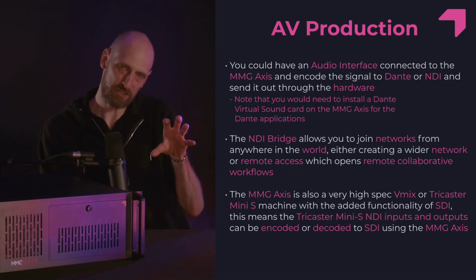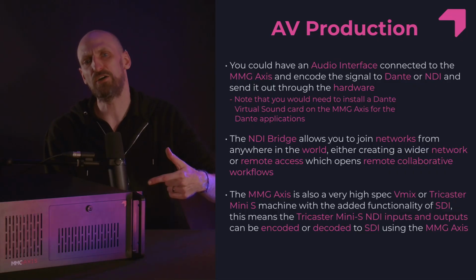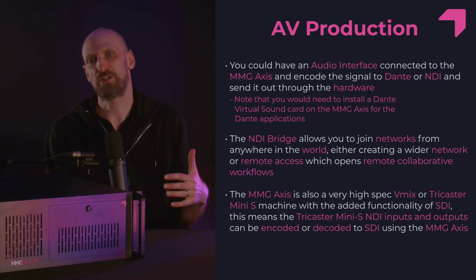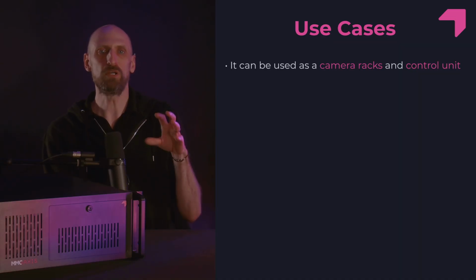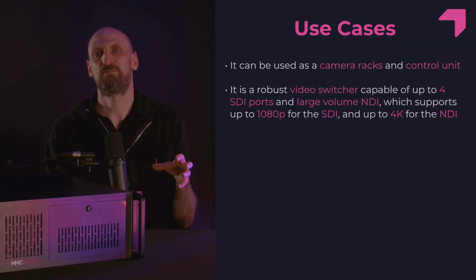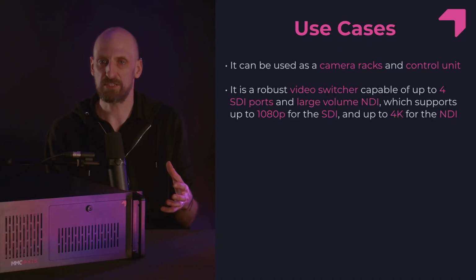This means the TriCaster Mini S NDI inputs and outputs can be encoded or decoded to SDI using the Axis. And it can be used as a camera racks and control unit. And one that we love is as a switcher because of the 4 SDI and large volume NDI. So this would do resolutions up to 1080 for the SDI, but up to 4K for the NDI.